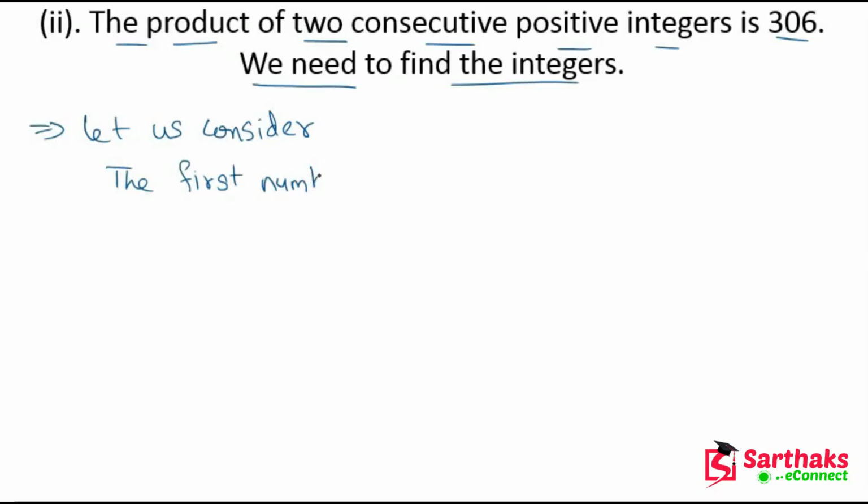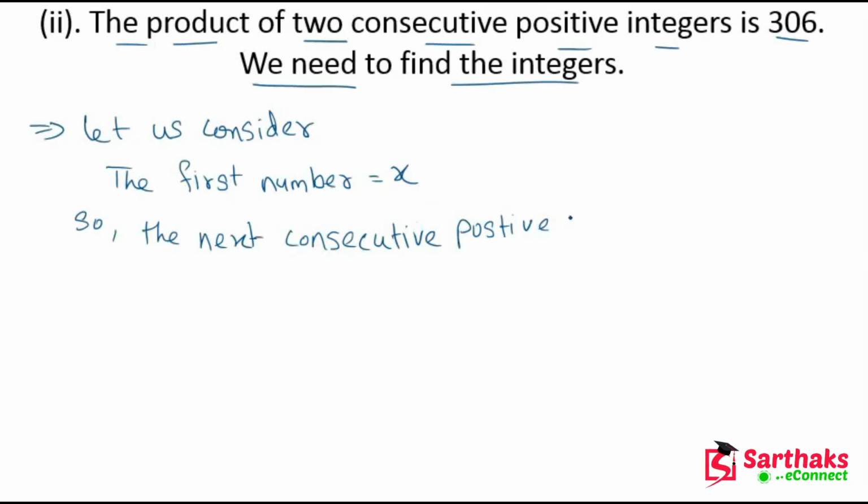So the next consecutive positive integer will be x plus 1. So my dear friends, what is a consecutive positive integer?